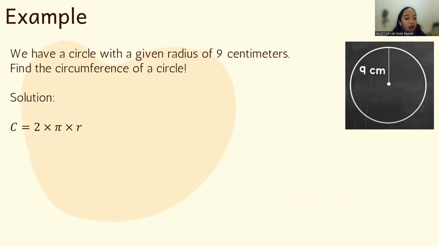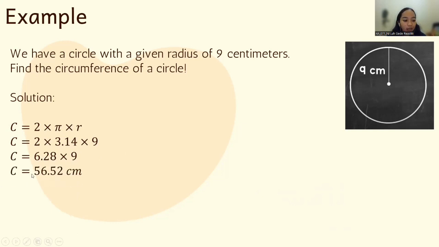Now we can plug in the radius, and we have C equals 2 times 3.14 times 9. 3.14 is the value of pi, and 9 is the radius of the circle. Let's continue. C equals 6.28 times 9, and we have C equals 56.52 centimeters.